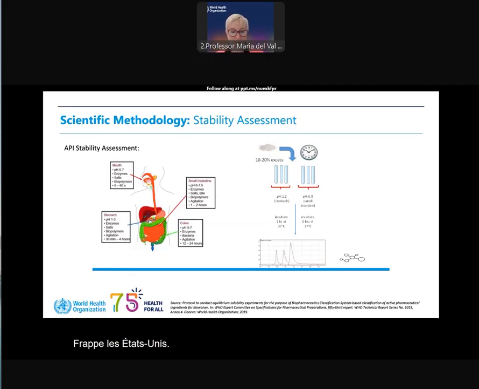And in the same way, we put the solution of the API at pH 6.8, representing the pH in the small intestine, and we incubate the samples during 6 hours, again at 37 degrees. We know the initial concentration, and we measure the final concentration to ensure that there is no more than 10% of degradation in those conditions.